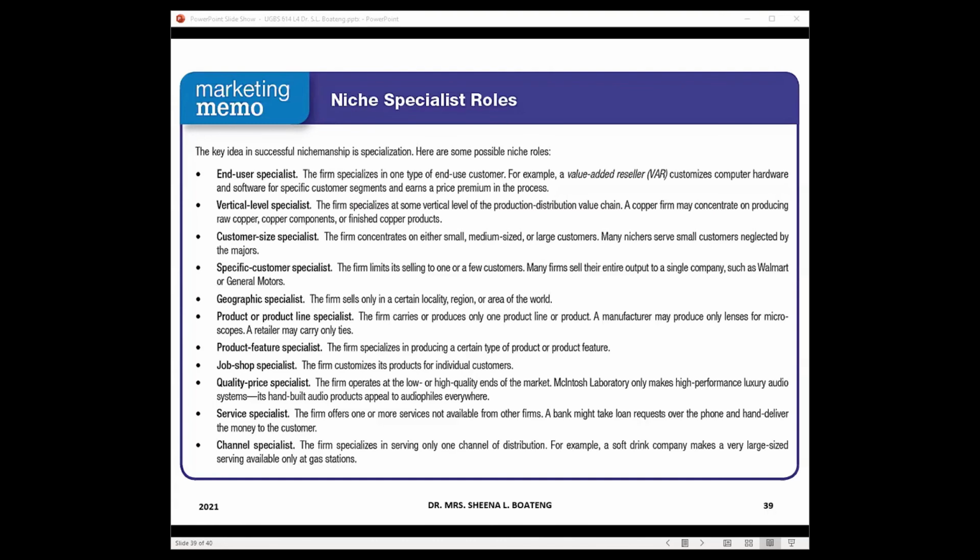Which one? The niching? Yes. If we are talking about a product or product line specialist, then it means they produce only one product. Good. So they do not have any other products for them to say that one is a cash cow, one is a dog, and one is a star, and the other is a question mark. They have only one.